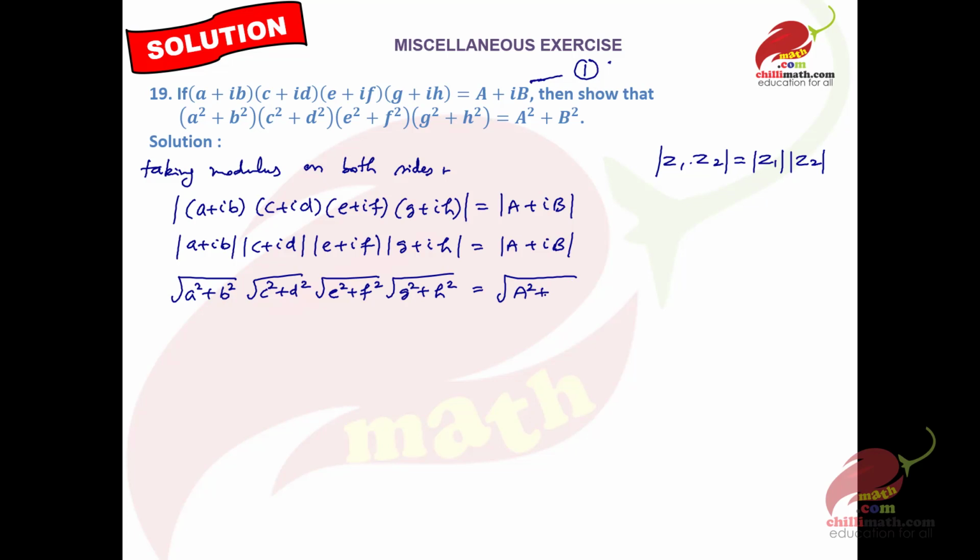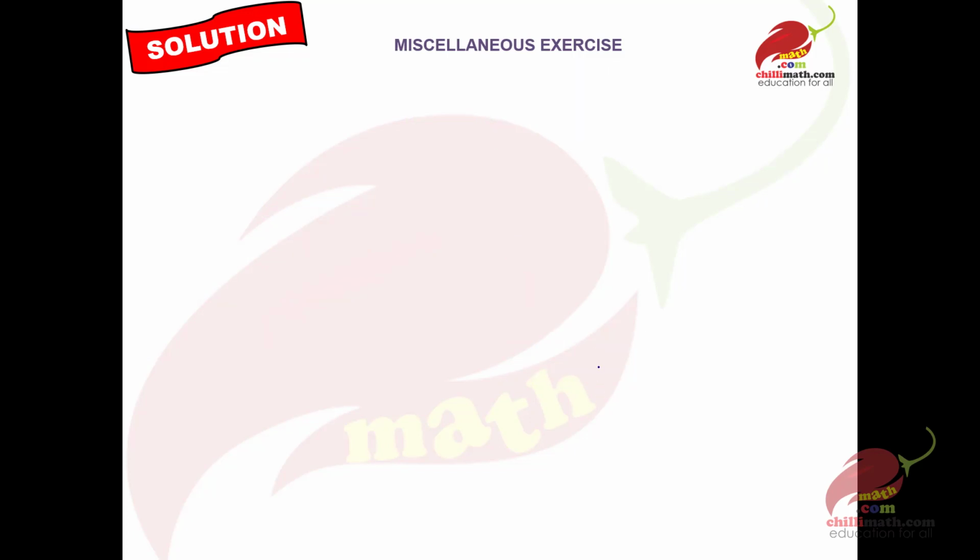And on right hand side this is square root of a square plus b square. Upon squaring on both sides, we get (a square plus b square) into (c square plus d square) into (e square plus f square) into (g square plus h square) equal to a square plus b square, which is your result.